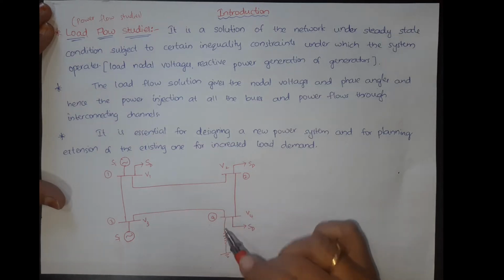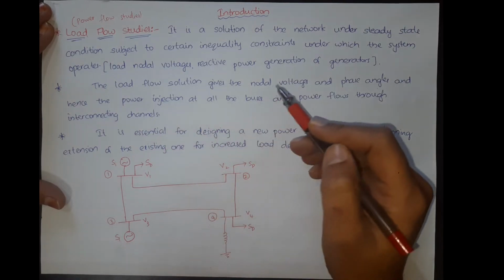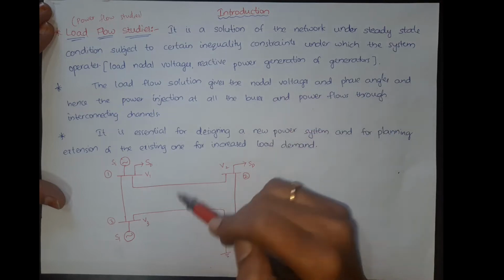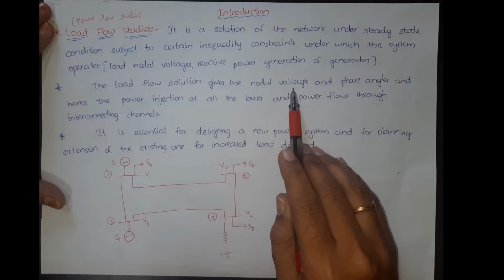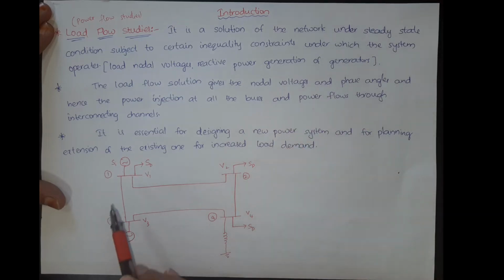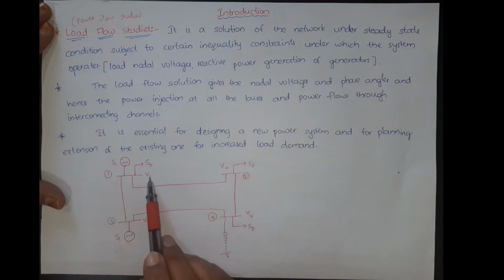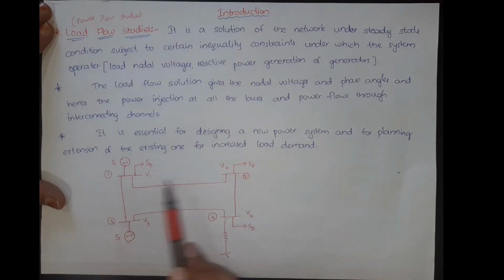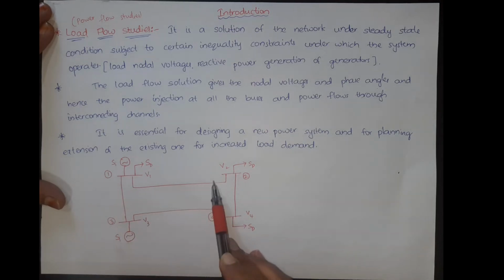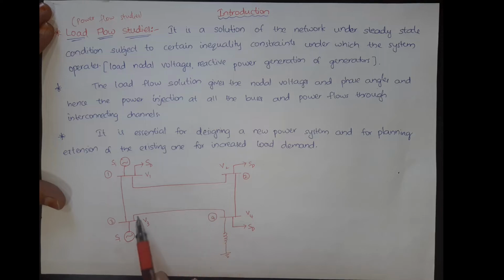Now let us come back to this statement. It says that the load flow solution gives the nodal voltages and phase angles. That means at each node, what the voltage and phase angle are, how much power is being injected at each and every bus, and what the power flow is through the interconnecting channels, which are the transmission lines.